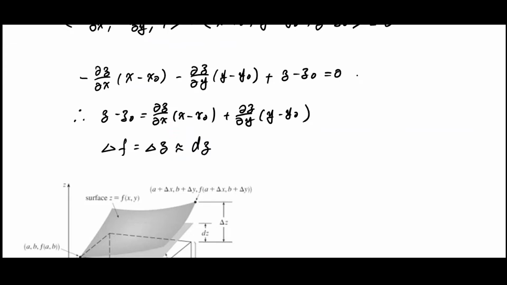And dz, of course, is equal to partial z, partial x, and delta x, where delta x, let's call it dx, plus partial z, partial y, dy. And we use that for error approximation later. Good?